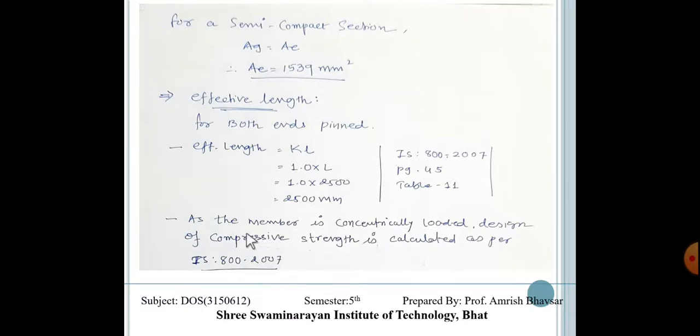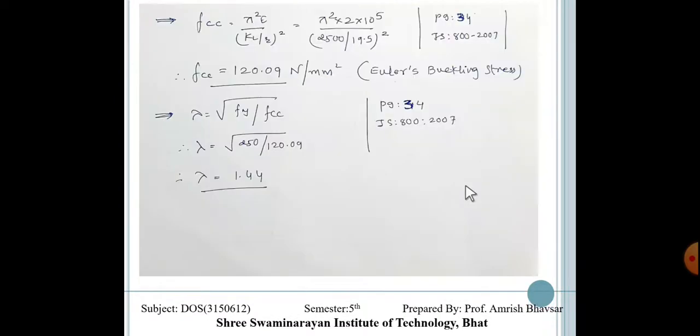Now as the member is concentrically loaded, the design compressive strength is calculated as per IS 800:2007, page number 34. So we have to calculate the FCC. This FCC is known as Euler's buckling stress, and the equation for that is pi square E upon (KL by r) whole square.